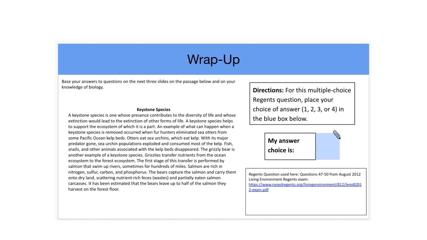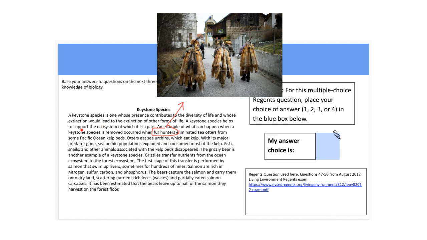Keystone species. A keystone species is one whose presence contributes to the diversity of life and whose extinction would lead to the extinction of other forms of life. A keystone species helps to support the ecosystem of which it is a part. An example of what can happen when a keystone species is removed occurred when fur hunters eliminated sea otters from some Pacific Ocean kelp beds.